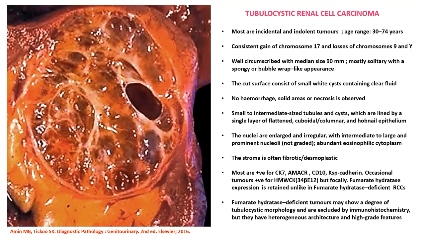The stroma is usually fibrotic or desmoplastic. The immunohistochemical profile is that of the usual papillary RCC, in the sense that the cells are positive for CK7 as well as AMACR. A few cells can show expression for high molecular weight keratins. And unlike fumarate hydratase deficient RCCs, which can also have a tubulocystic presentation, these tumors retain the nuclear expression of fumarate hydratase.